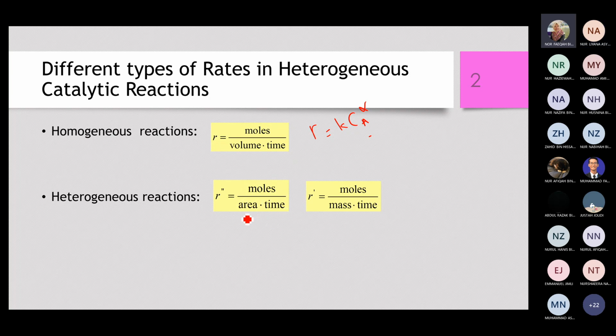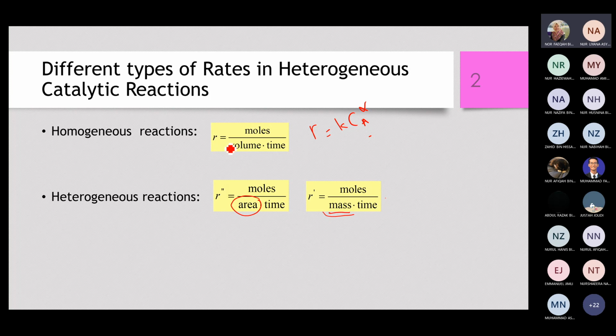So the area here, area ni where the reaction occurs, meaning that the area of catalytic surface. Or we can measure it as moles per mass per time. So mass here is the mass of catalyst that we use for the reaction. Okay, so that's the difference between homogeneous reaction and heterogeneous reaction.